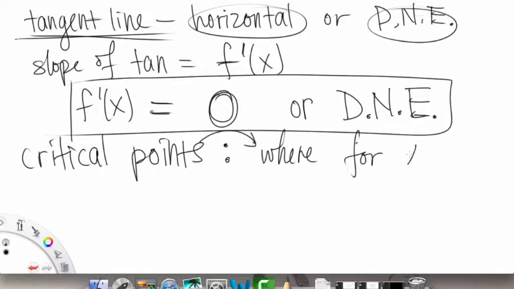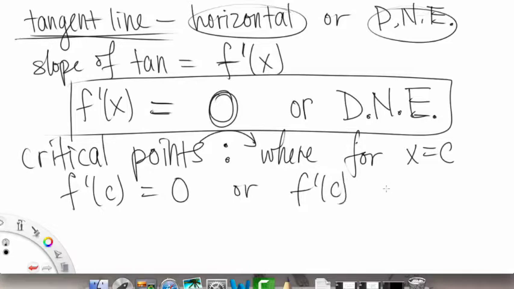for x equals c, we have that f prime of c is equal to 0, or f prime of c does not exist. Okay, so this box basically defines what value for x gives you one of these things, where f prime of x is equal to 0 or does not exist.